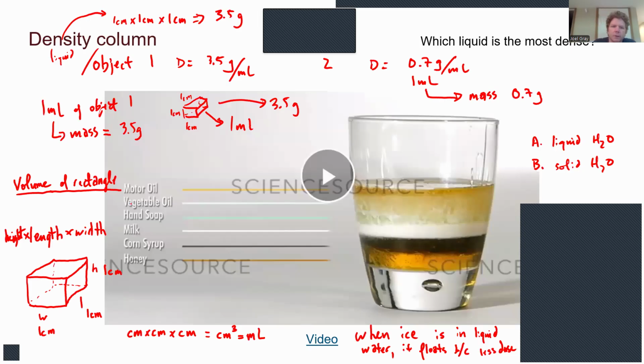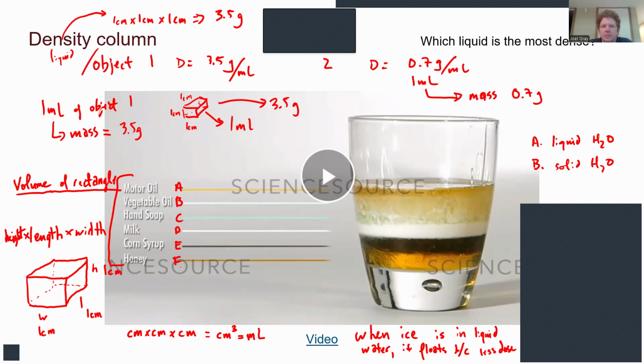So here what we have is a series of different liquids. I'm going to give you letters A, B, C, D, E, and F. Motor oil is A, vegetable oil B, hand soap C, milk D, corn syrup E, and honey F. Which one of these substances is the most dense? F, honey.